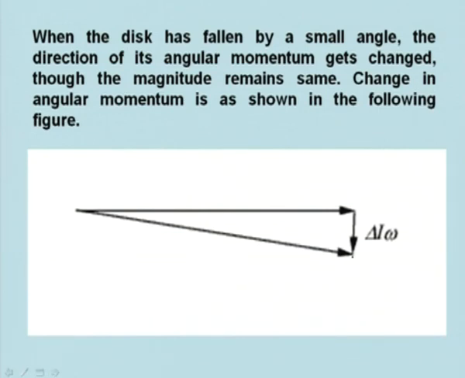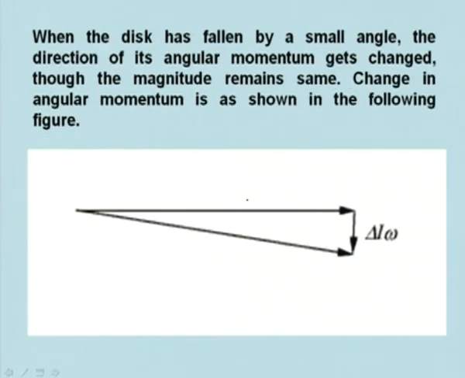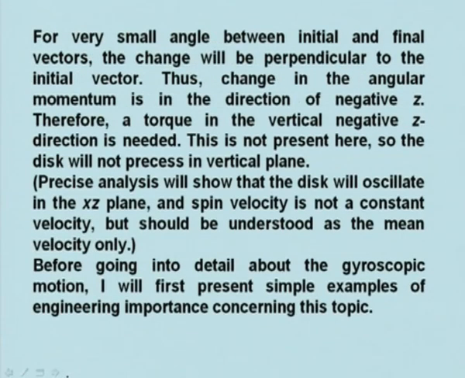So, this is delta I omega. For a very small angle between initial and final vectors, the change will be perpendicular to the initial vector. If you have I omega and it started falling, and at this point this is also I omega, the change is almost perpendicular.